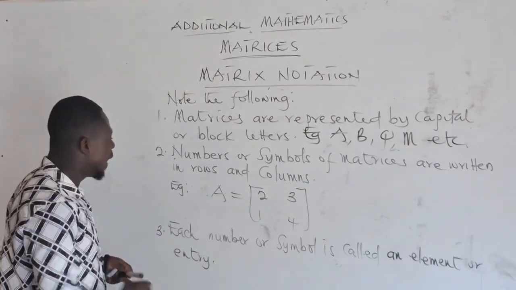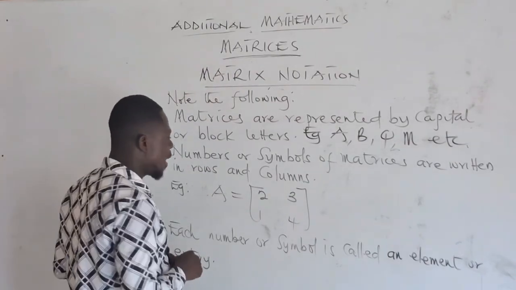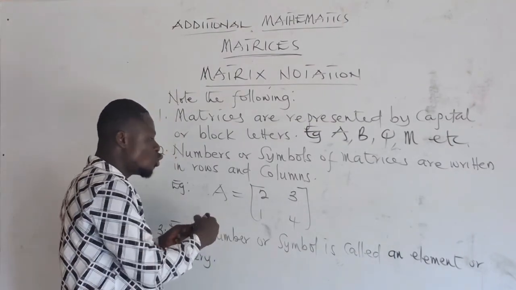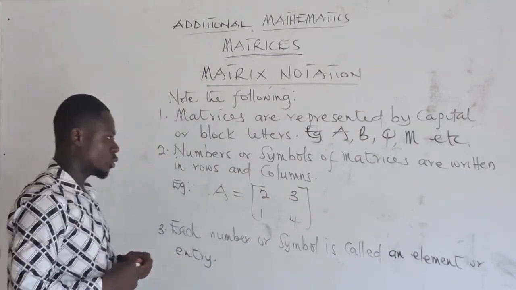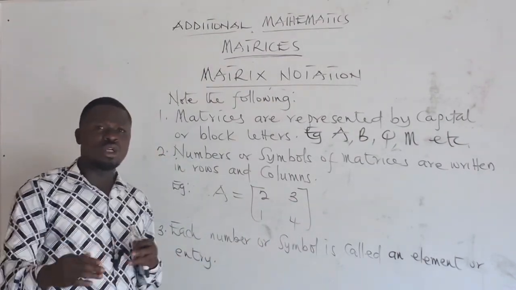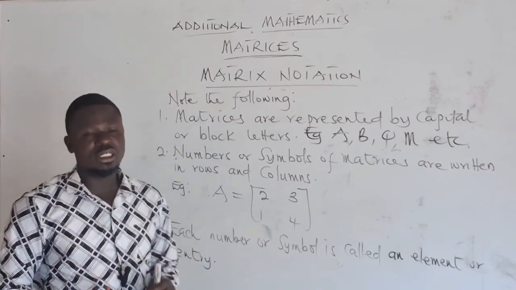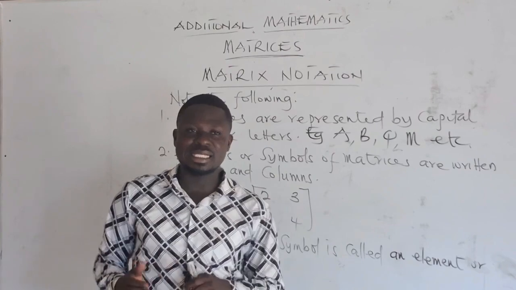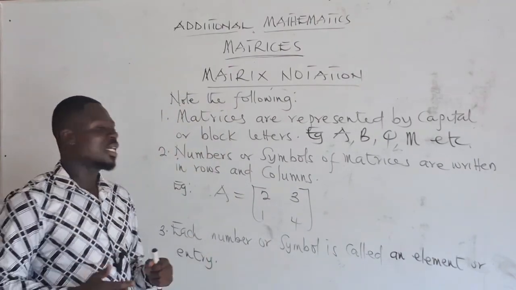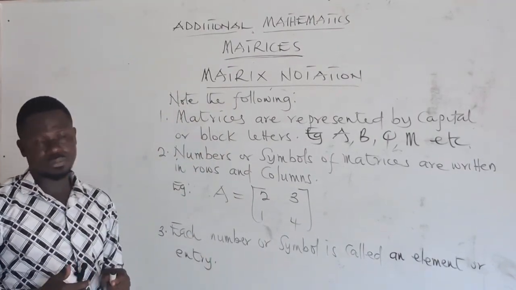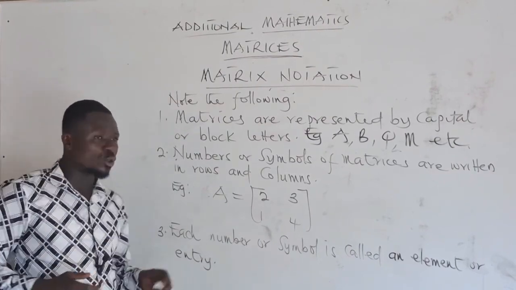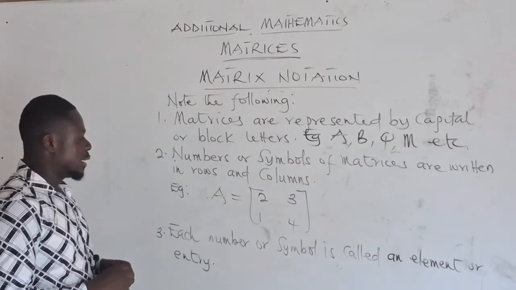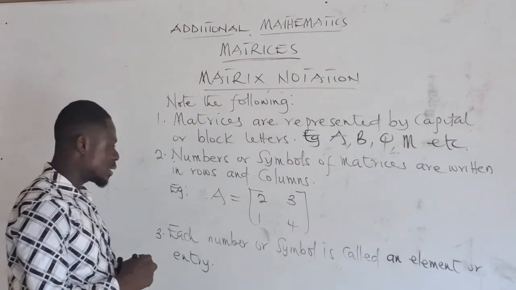In matrix A, we have numbers 2, 3, 1, 4. Before you can know your rows and your columns, this has to be linked with your verticals and your horizontals. Now, the verticals, what are they? The horizontals, what are they? Let's quickly look at this.